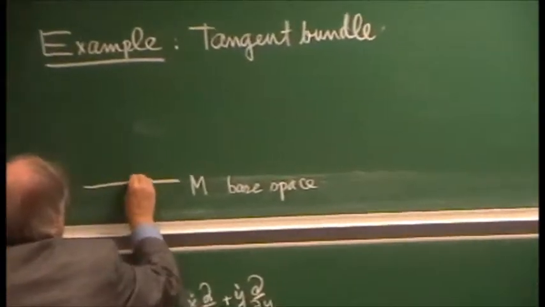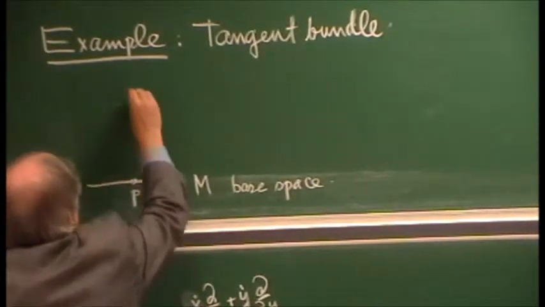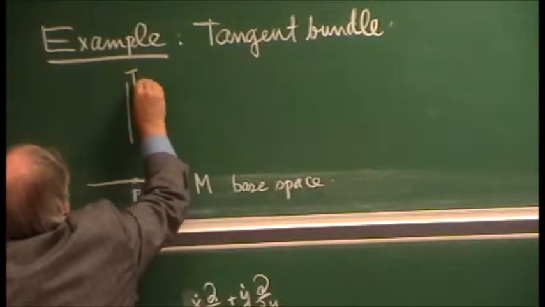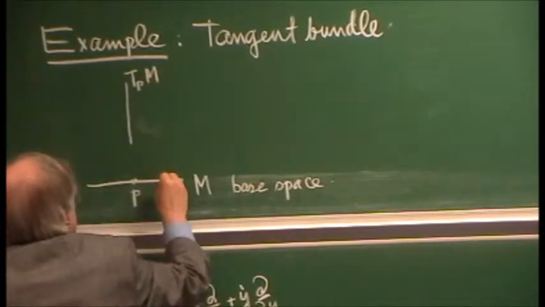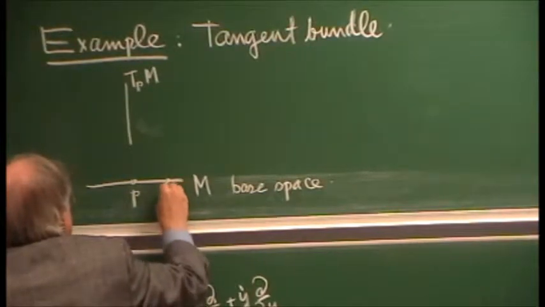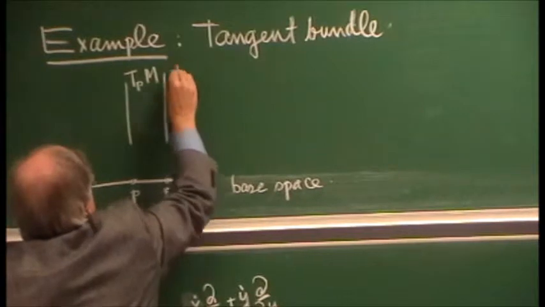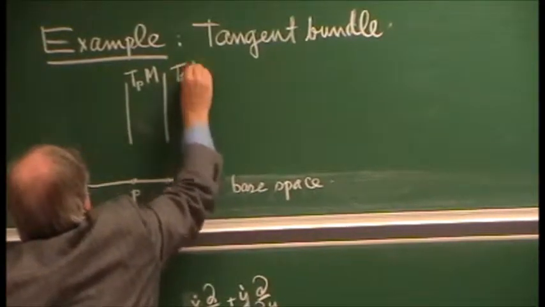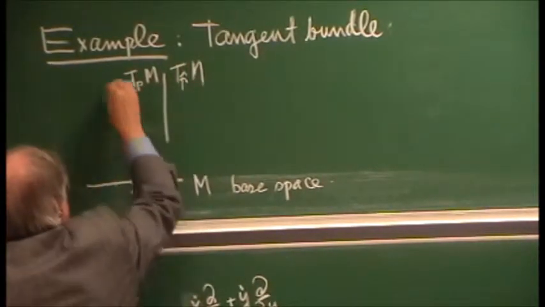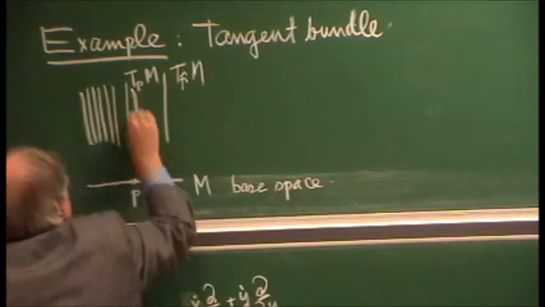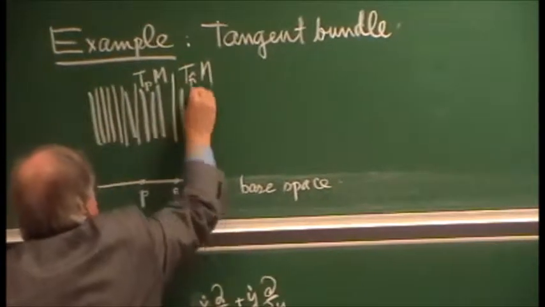If you take a point P in the base space, you have the tangent space at P. If you take another point P hat in the base space, you have the tangent space at P hat. If you take any point in the base space, you have its tangent space.